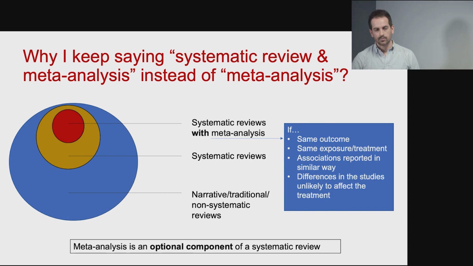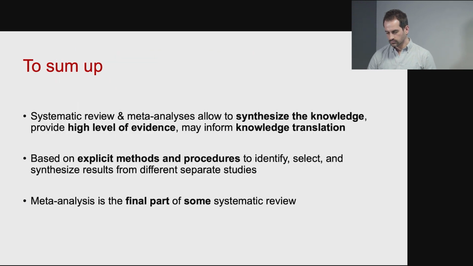If the associations are reported in a similar way, for example, you're going to see that there are different ways to report an estimation, and it is not always possible to pool those estimates together. And also you have to judge in a qualitative way if the studies are meta-analyzable, if they are not too different, which would prevent performing this quantitative meta-analysis.